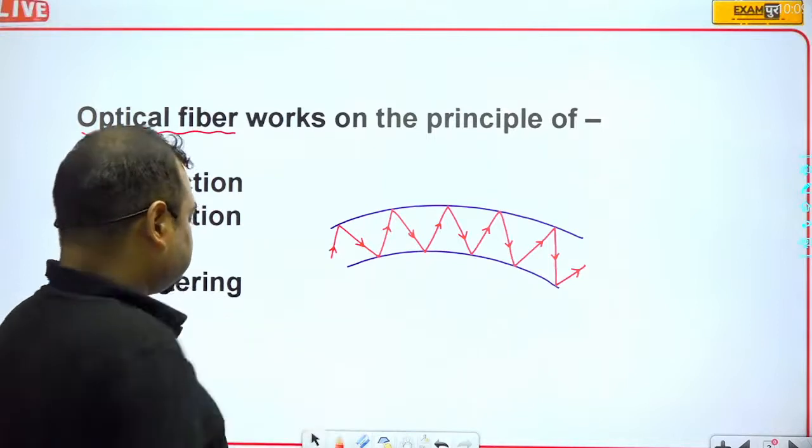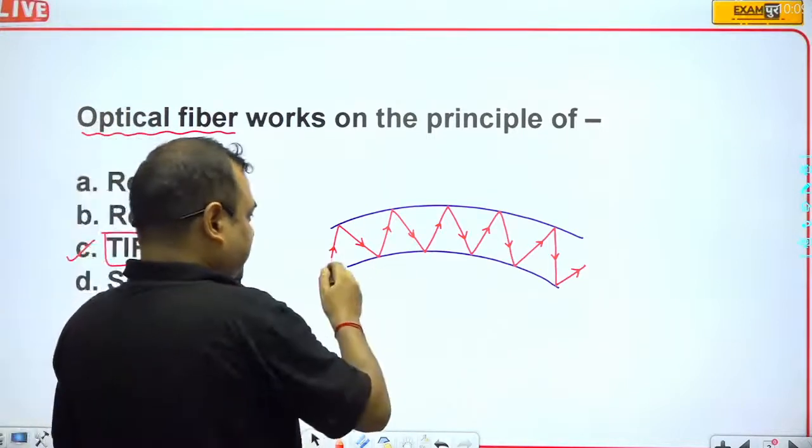This is the actual way by which a light ray goes from one place to another.